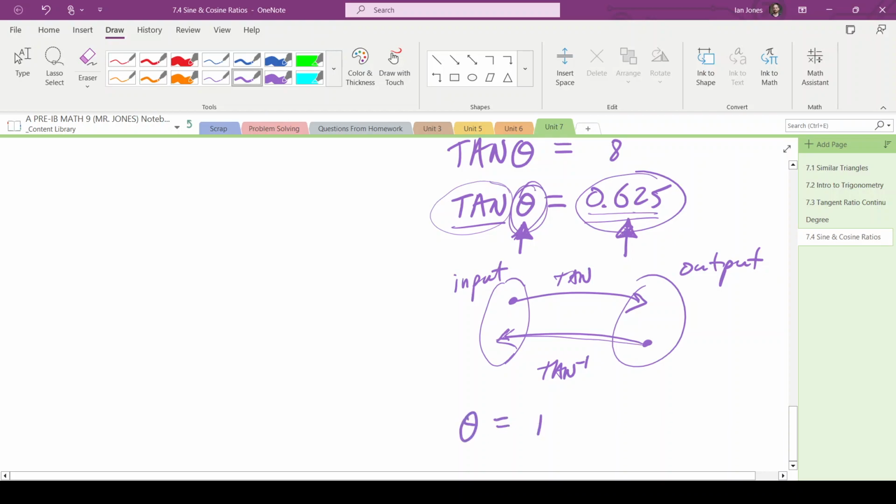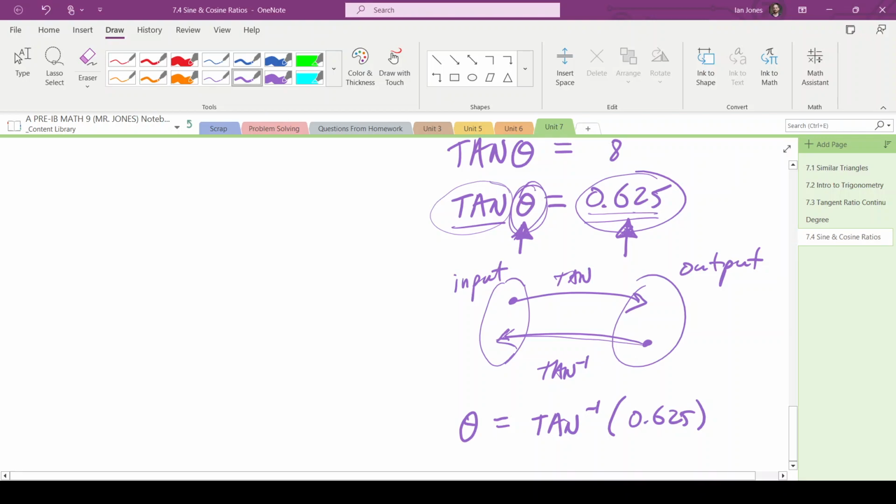Theta equals tangent inverse, not tangent to the -1, tangent inverse of 0.625. Then I can use a calculator. I'm actually going to quickly bring up Desmos.